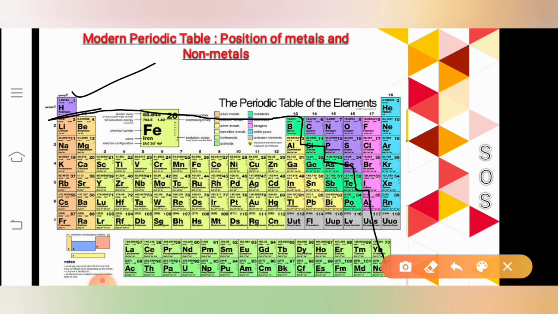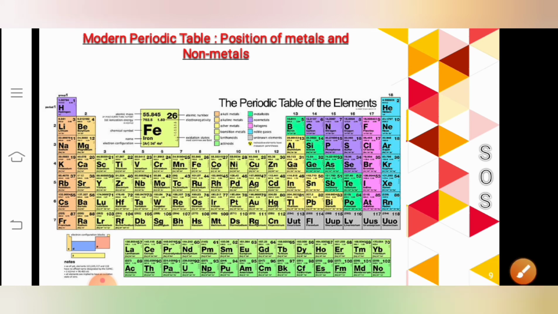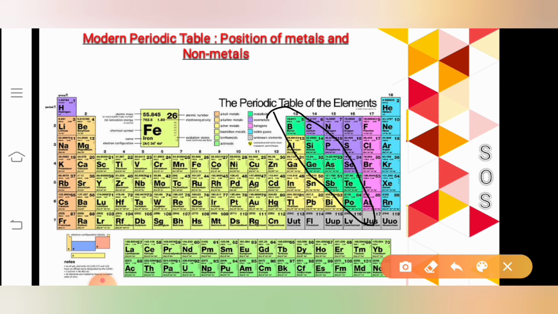Starting from lithium till here, these are all metals. You can see the green color here. These are called metalloids because they show the properties of both metals and non-metals. Hence they are called metalloids, but still it is debatable.